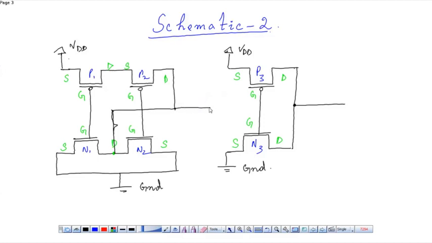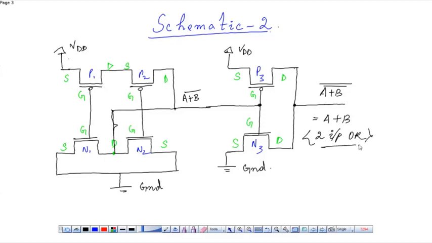Now this output is A plus B bar, which acts as input to the inverter, and the obtained output is A plus B bar whole bar, that is equal to A plus B. Two input OR.